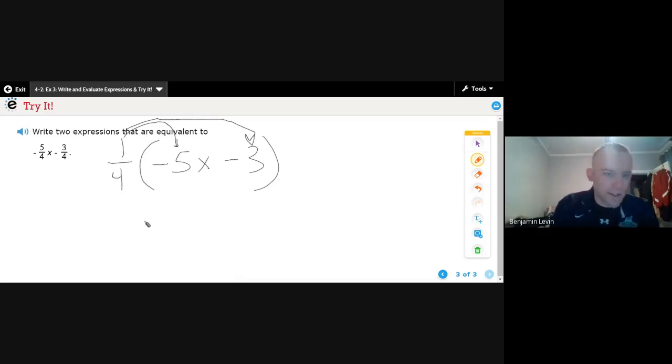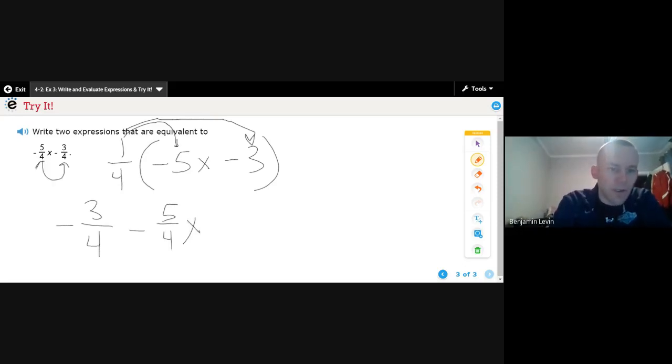All right, we're looking at a second way to write this. Not sure why we would write this in any other way than distributive property. I mean, I guess we could use commutative property and just rewrite it backwards. We could start out with -3/4 minus 5/4 x, right? We just switched the order here.